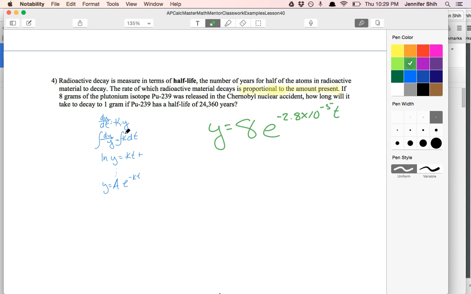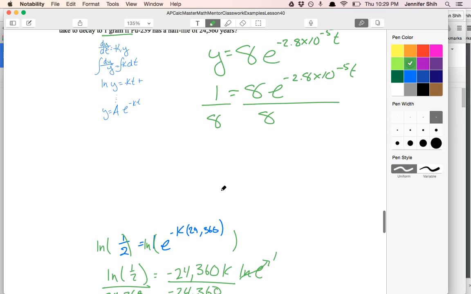So now we're wondering how long is it going to take to decay to 1 gram? If I fill in 1 gram here and divide both sides by 8, I'm going to get 0.125 is equal to e to the negative 2.8 times 10 to the negative 5t. I take the ln of both sides.